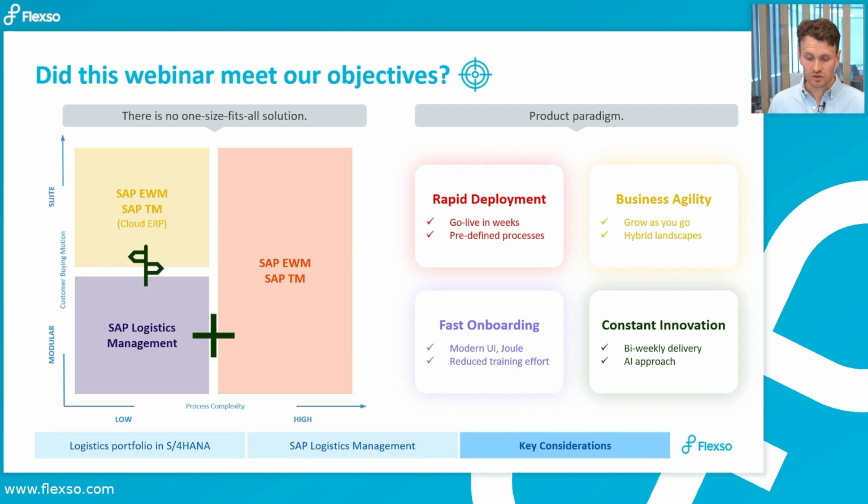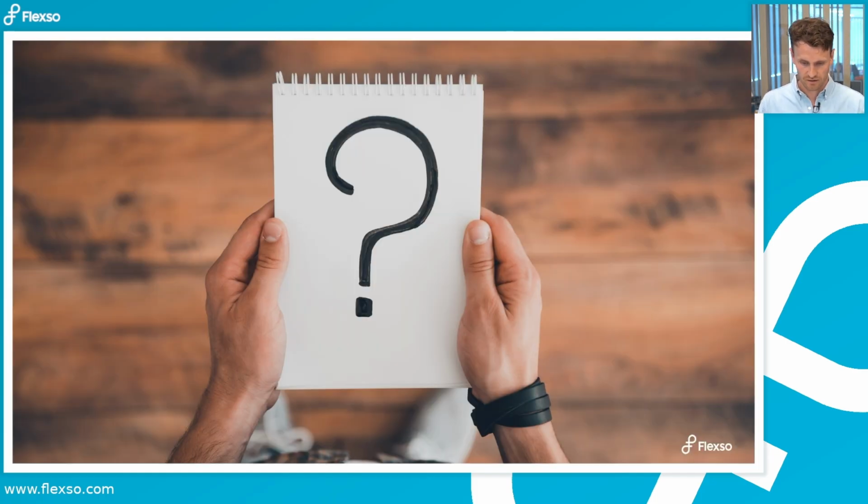It's the first solution that offers this modern UI with a mobile app, really focusing on user friendliness, and of course the roadmap is a good signal. It's here to stay, it keeps on innovating, and it's embedded with AI. And I think this wraps up our webinar in 40 minutes time, so we're on schedule.